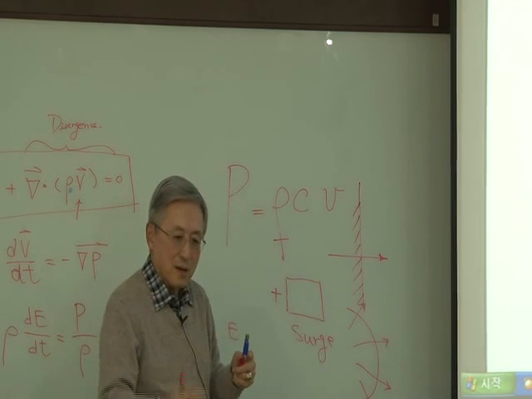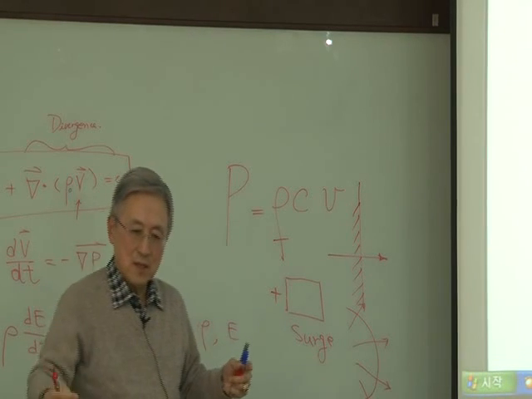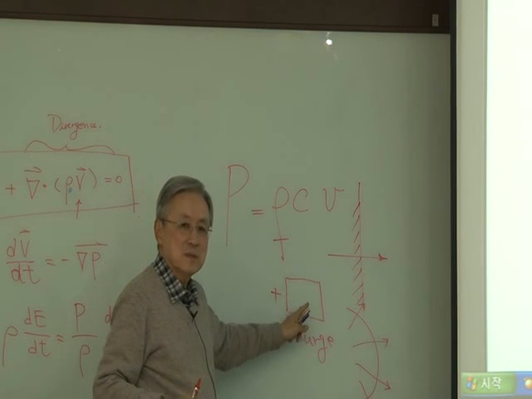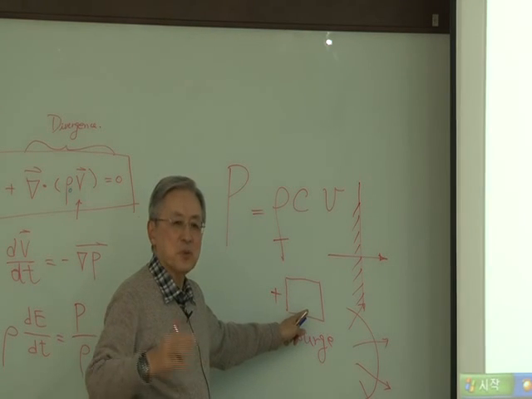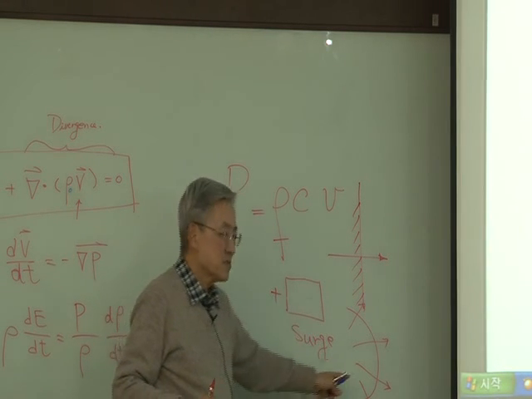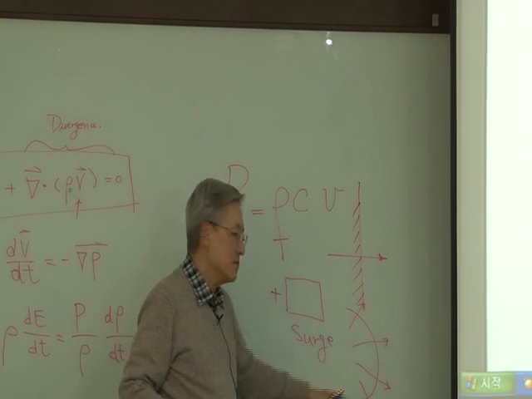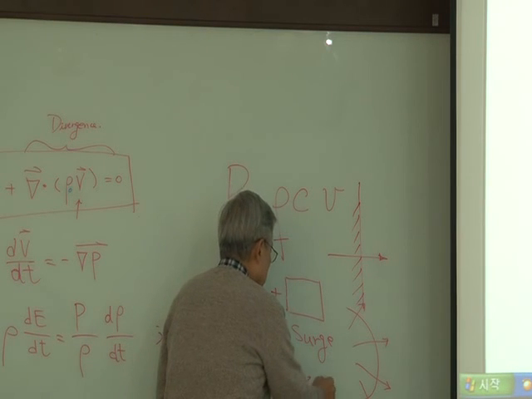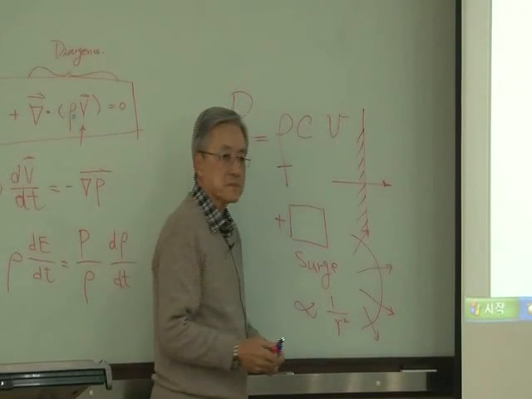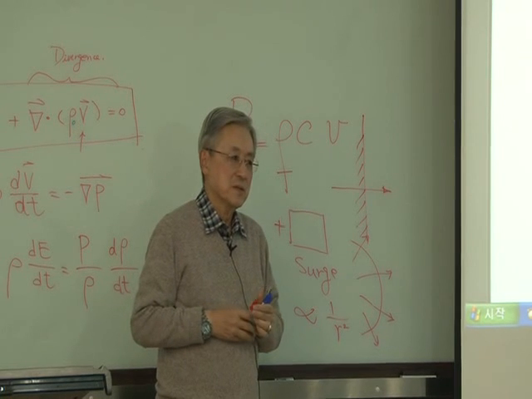But as the radius gets larger and larger, the importance of the second term diminishes and disappears. The second term for the spherical wave is proportional to 1 over R squared. I give you the consequence first, then so on.